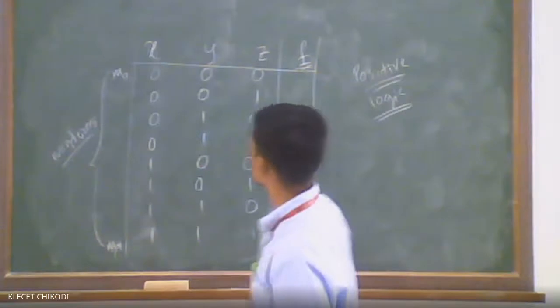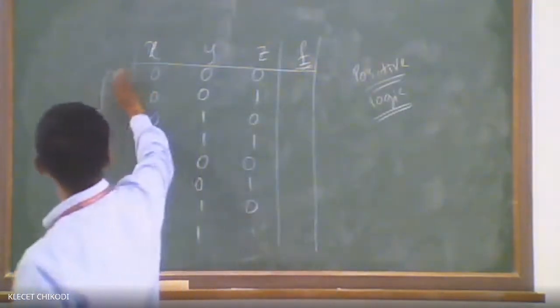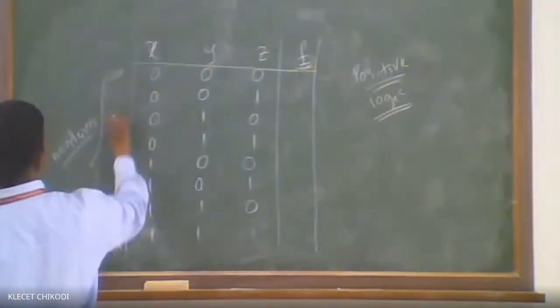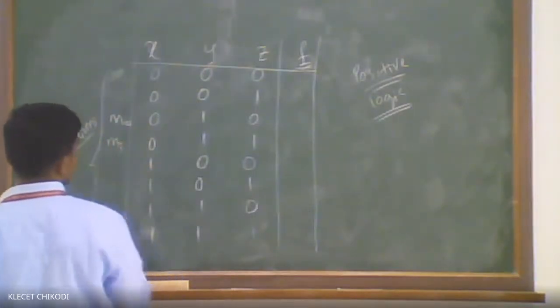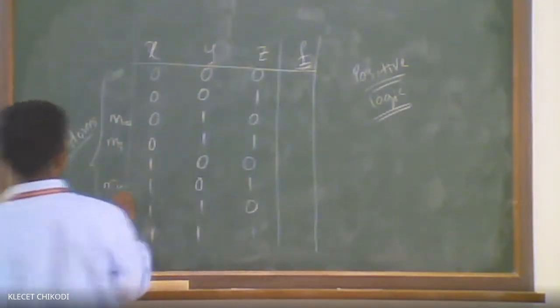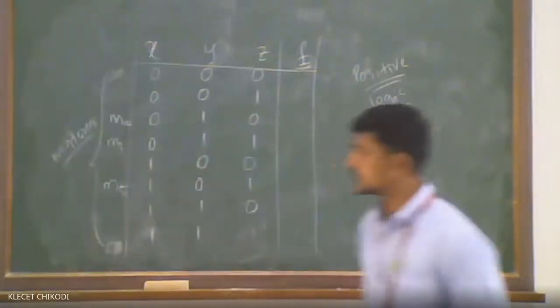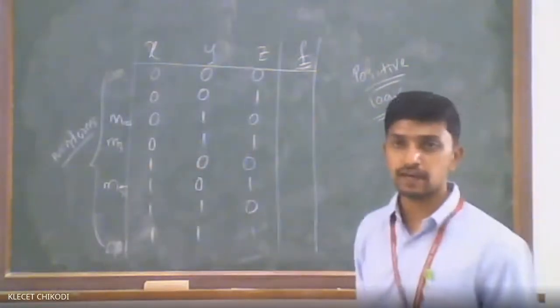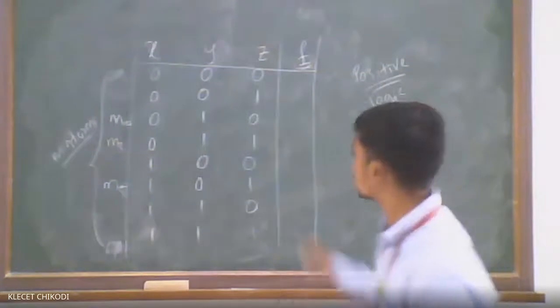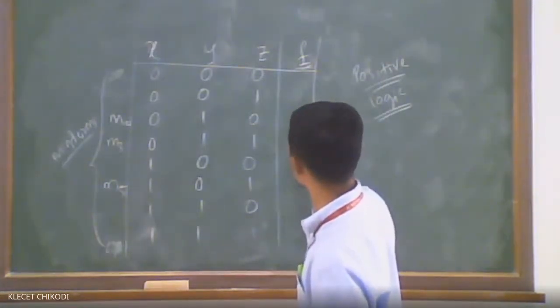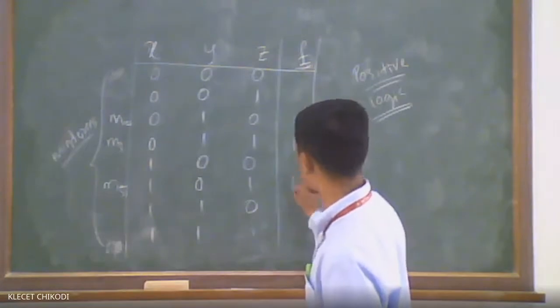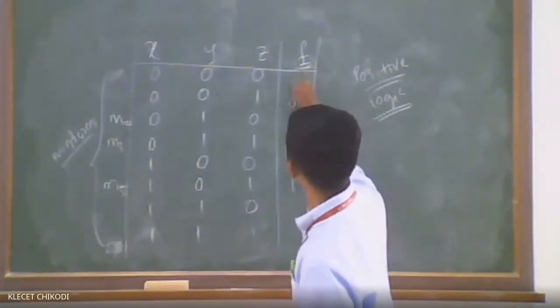So here I will write only those: M2, M3 and M5. Only these 3 min terms are available. So you can write 1 for them, 1, 1, 1. Remaining all are 0.